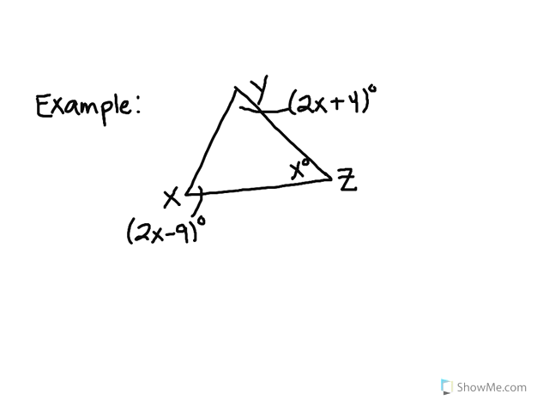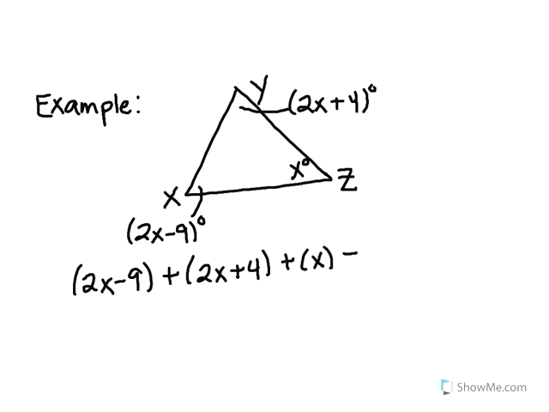So I can write that out in an equation. Let's go ahead and I'll start with x, and I'm going to state that 2x minus 9 plus 2x plus 4 plus x all equal 180 degrees.